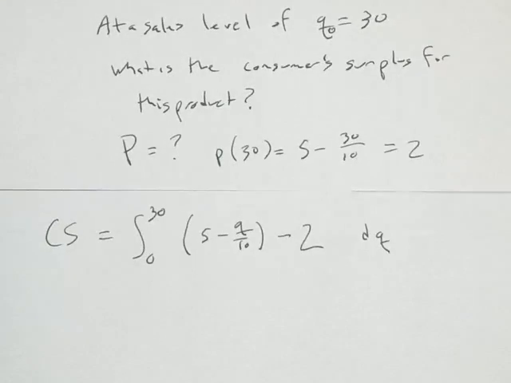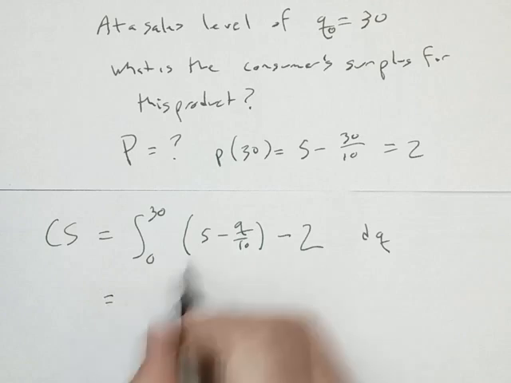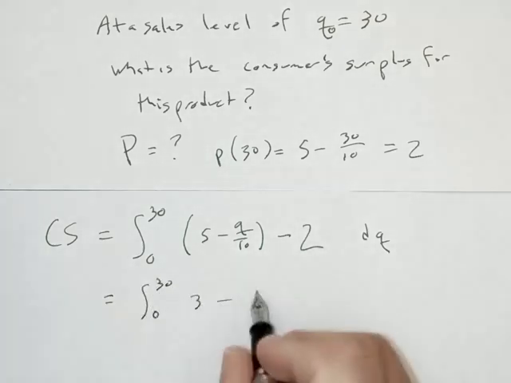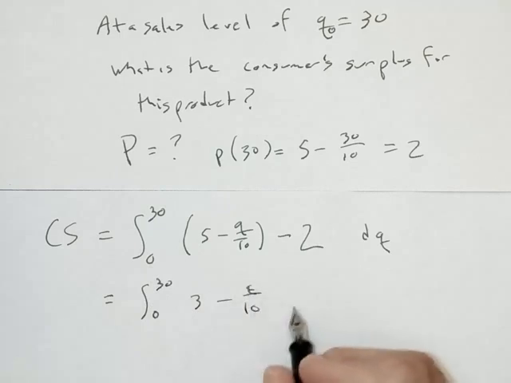Leo? It would be 3 cubed. And it would be... Oh, you're walking me through the integral. Let me do the algebra then. 5 minus 2 is 3 minus q over 10 dq.